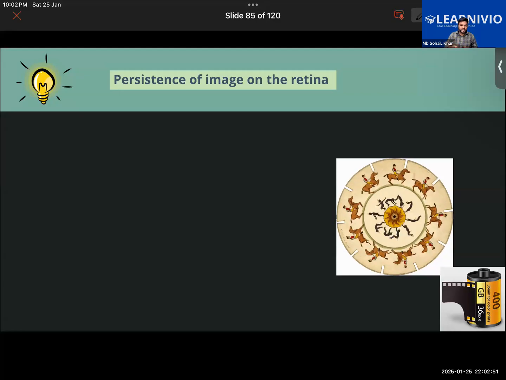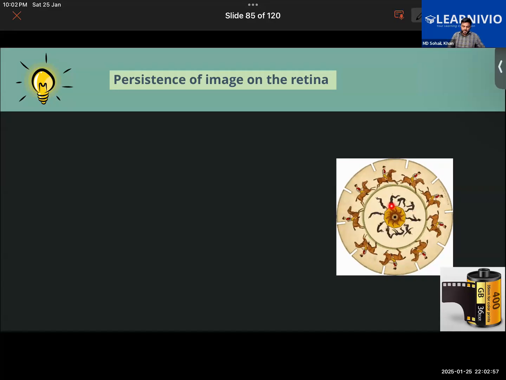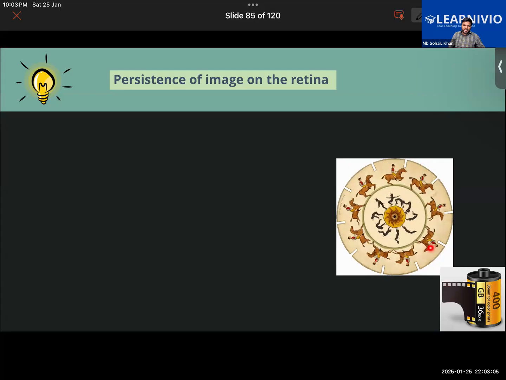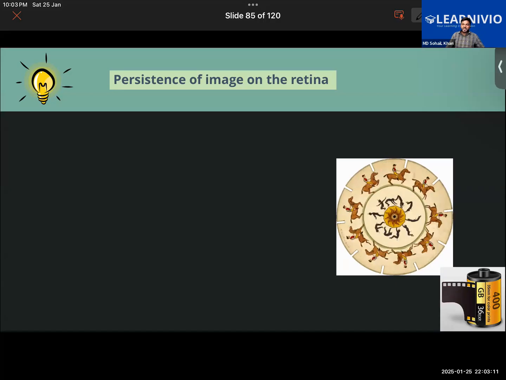If it is made to rotate very fast, it will appear as if it is in motion. Similar to this, in a film roll, there are still pictures taken, and they are made to rotate very fast, and it will appear as if they are in motion. Getting it?